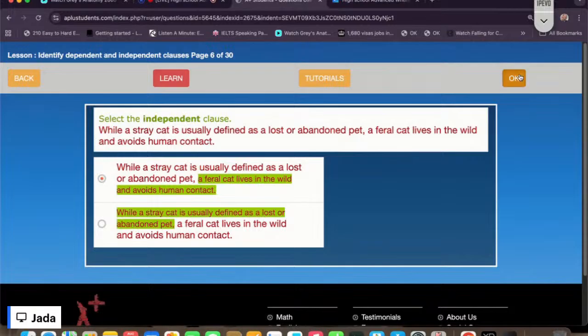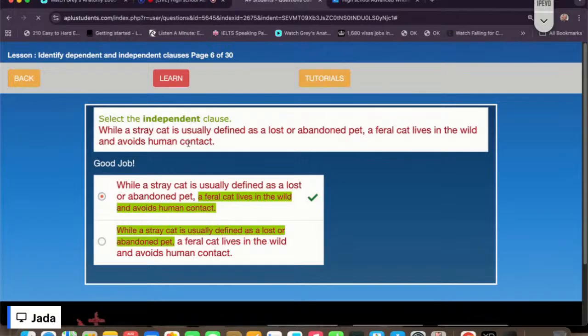Okay, so we have the first one for the independent clause.